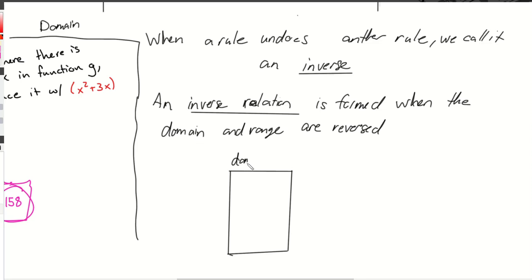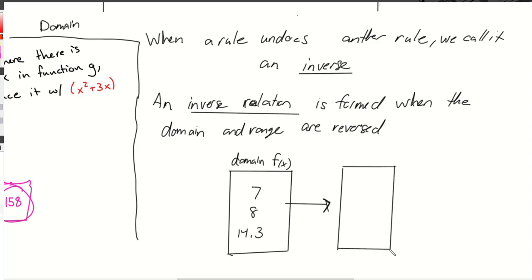So my domain of f of x, my first one was 7, 8, and 14.3. Then I went to my range. Leander, what were the numbers in my range? The f of x column. Start with 16.